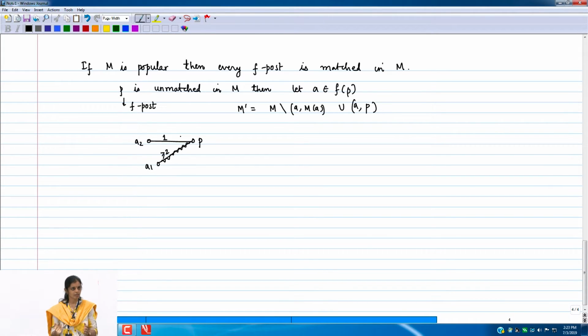So recall again, our goal is to show that I have a matching which looks like this, that is it has an F post, that is it is somebody's top choice post, but a popular matching has assigned it to an applicant who treats it as its rank 2 or higher. And if we want to contradict this, we want to come up with a matching which is more popular than this.